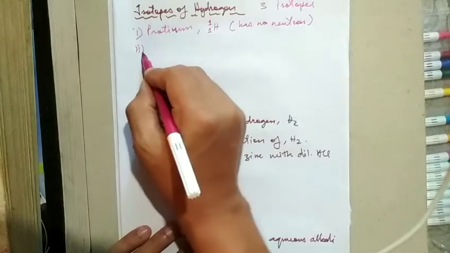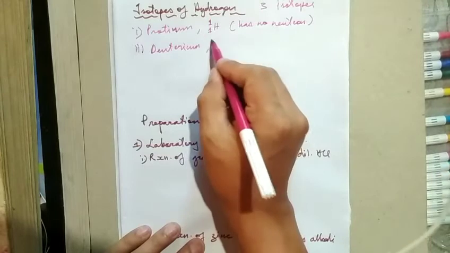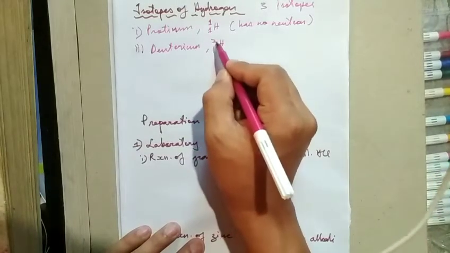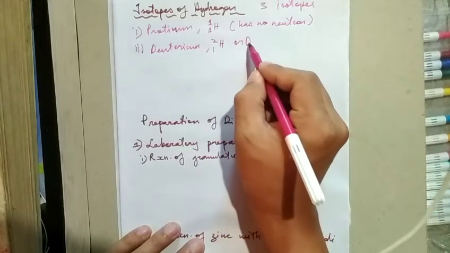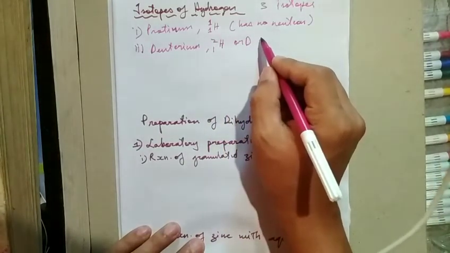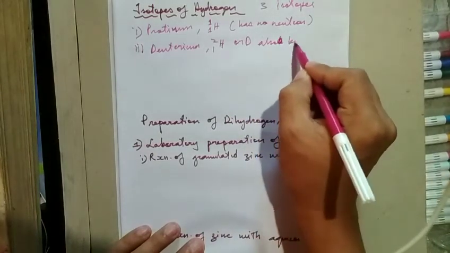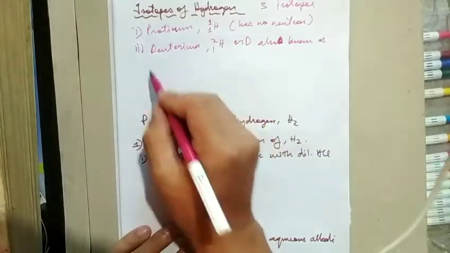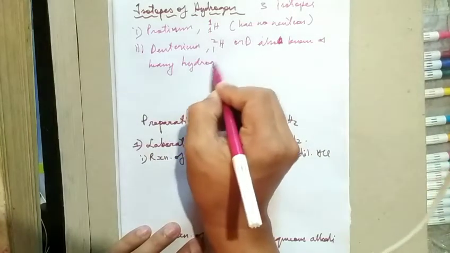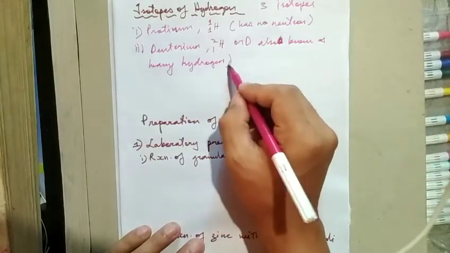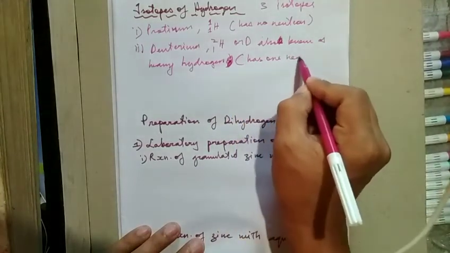The second isotope is deuterium, represented by this one, 2H, or sometimes as dihydrogen, also known as heavy hydrogen. Heavy hydrogen has one neutron.